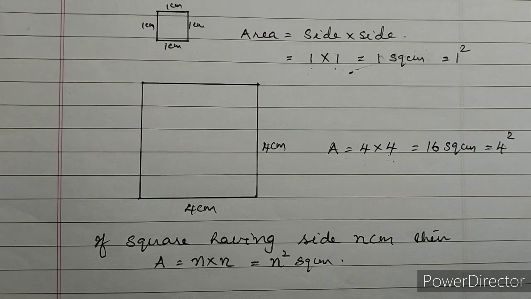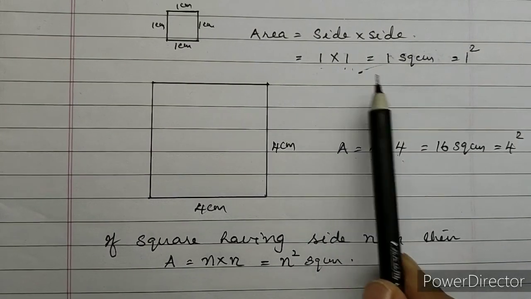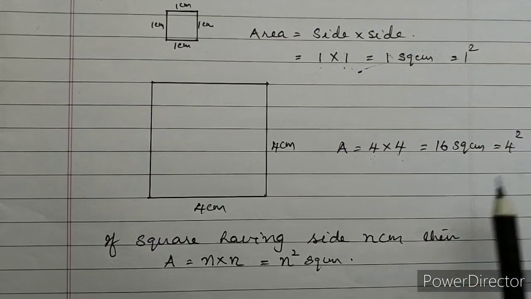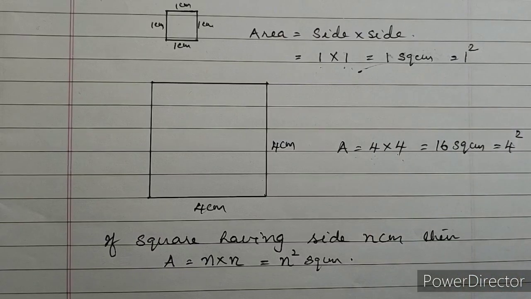The area would be side into side only. Side is the length of the side. So the length of the side 2 times you multiply, you will get the area. Whenever you multiply a number by itself, you get the square of that number. See, n square, 4 square, 1 square, 2 square, etc.